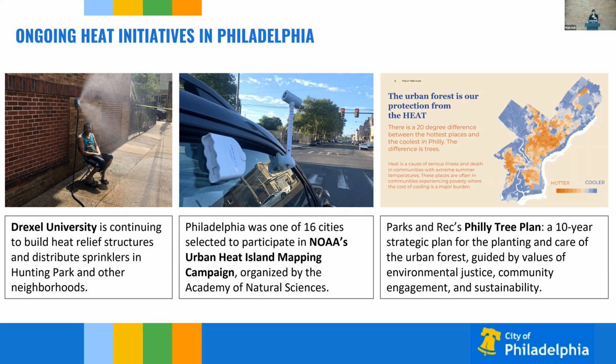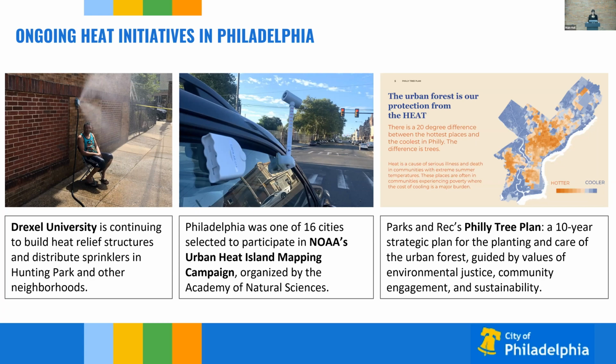They don't drive every block. They get representative samples, and then NOAA interpolates those results to create a raster grid of heat variation through the city. So it wasn't like somebody was driving up and down every single block. It was just a portion of that section. Results for that, I think, will be coming out in October, so you can keep your eye on that.